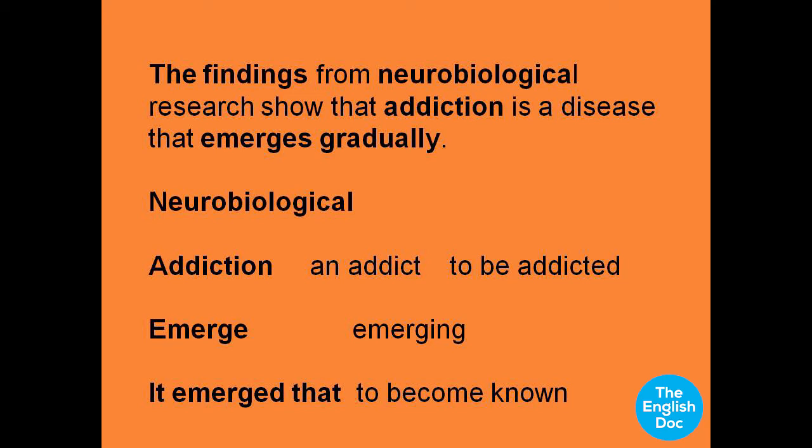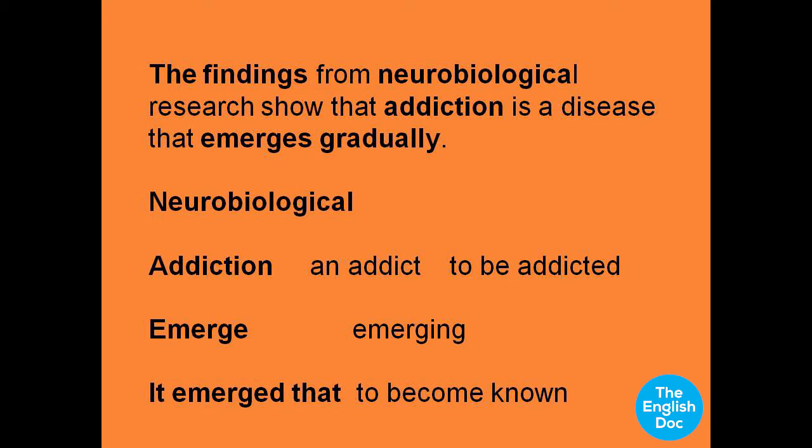These nouns can be modified by an adjective, so you can use an adjective in front of the noun. Neurobiological is the adjective from neurobiology. Watch the pronunciation. It's neuro and not neuro.